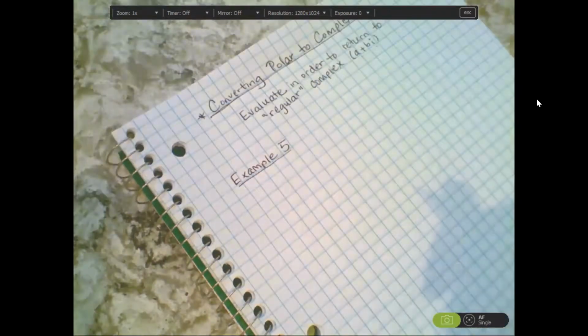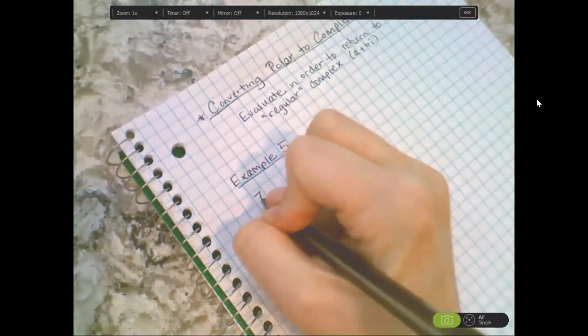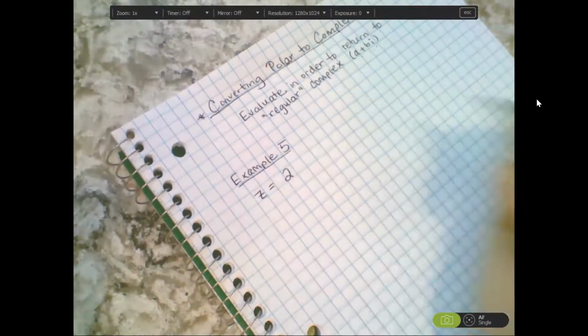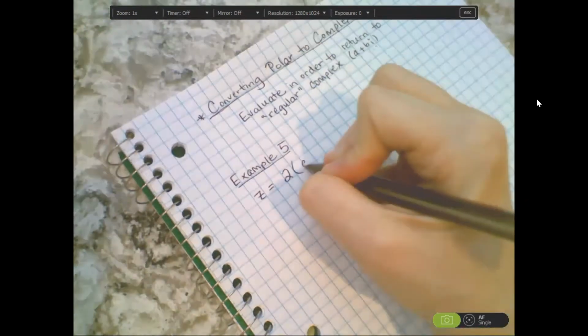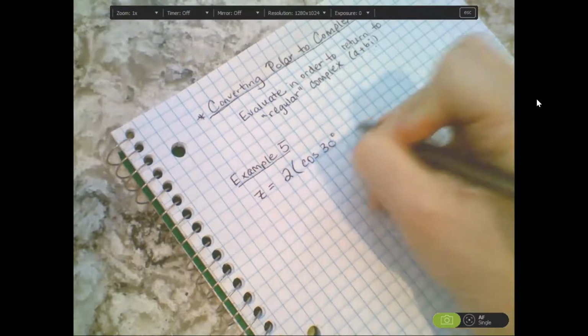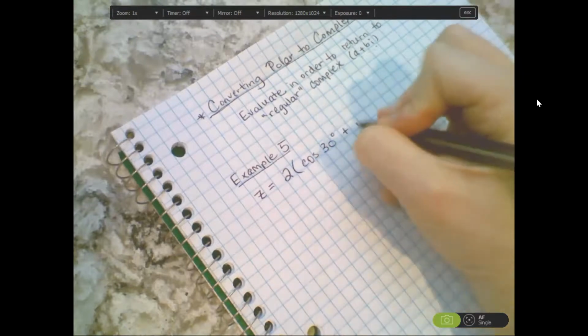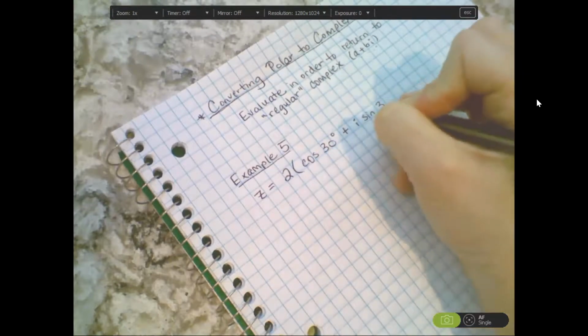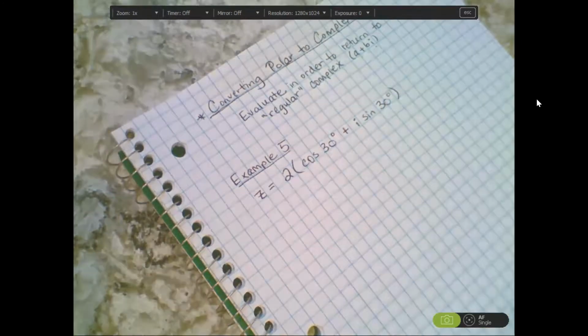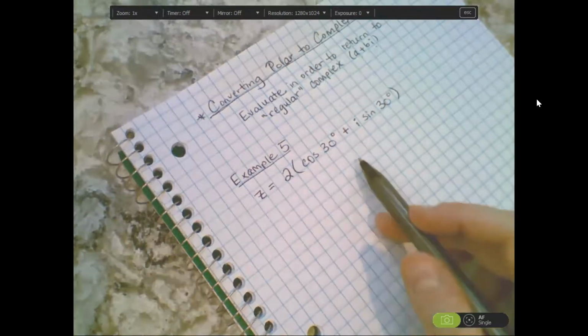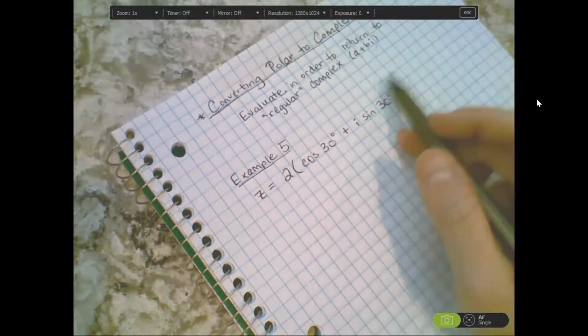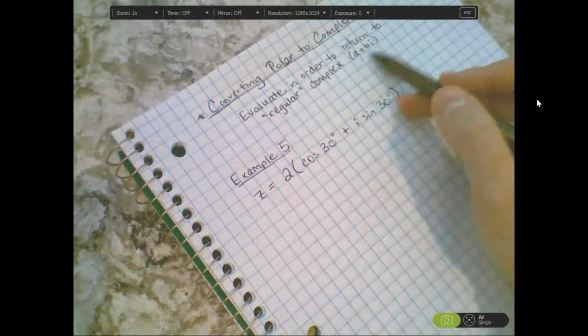All right, we're going to do 2 of these. And again, we're starting with something that's in that big form that we just had. So, plus I sine 30. So we're going to take this and we're just going to turn it back into regular complex form, okay?